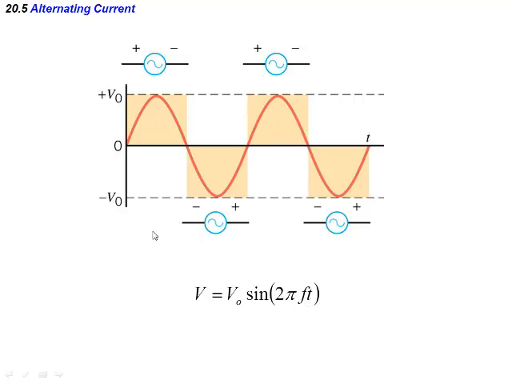Depending on how many cycles are made per second and how long the circuit has been running, you could calculate the V. The V0 plus and V0 minus are your maximum voltage values. They're called peak voltages.